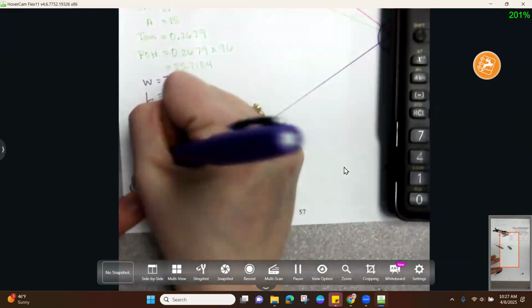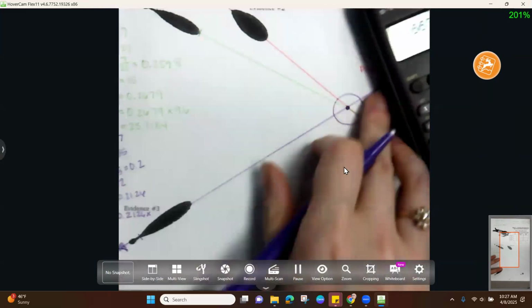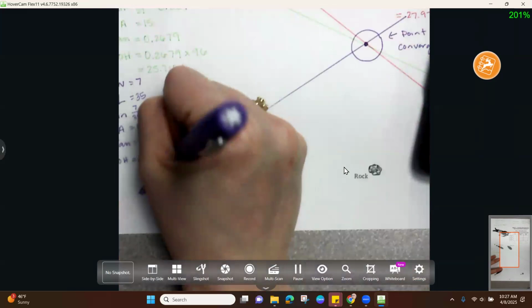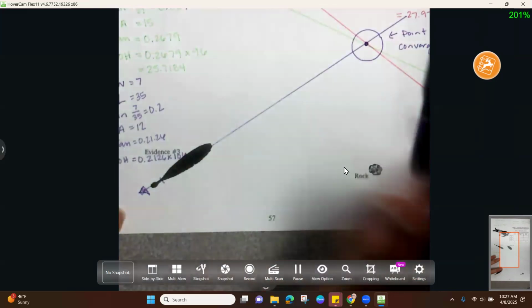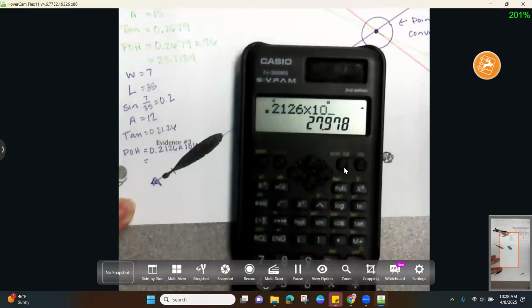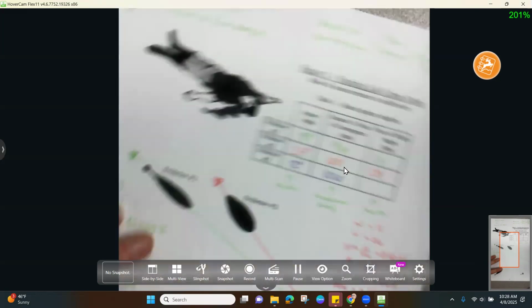Tangent times distance. My distance for this one was 106, equals 22.5356. So I'm going to round that to 23.